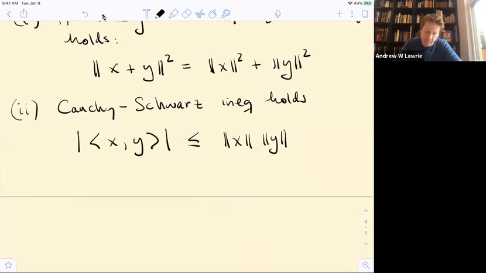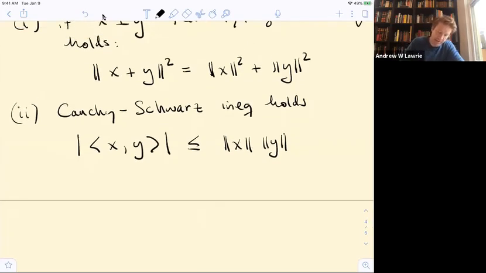And you have equality if and only if x and y are linearly dependent. It suffices to state it like this.